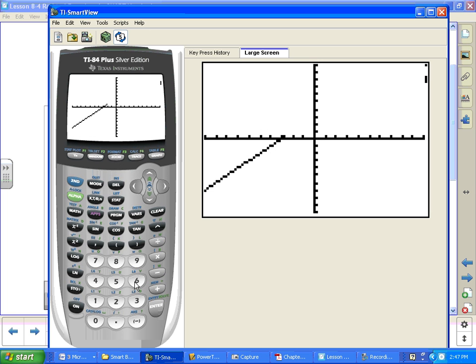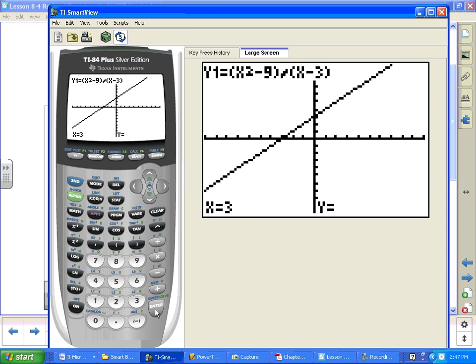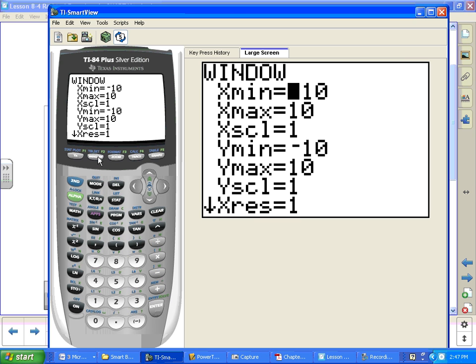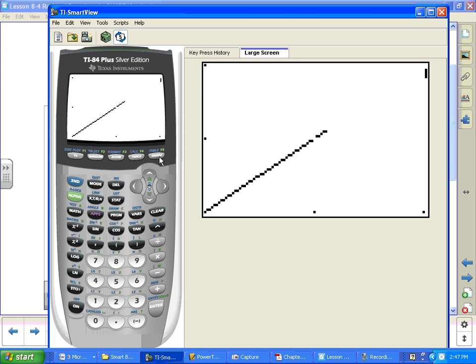If I graph it, there's the line y equals x plus 3. If I hit trace at 3, it's undefined because there's a hole there. And so if I zoomed in on that point, if I went from 2 to 4 on the x, 5 to 7 on the y, my graph has a hole in it.